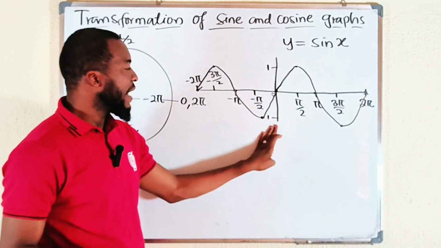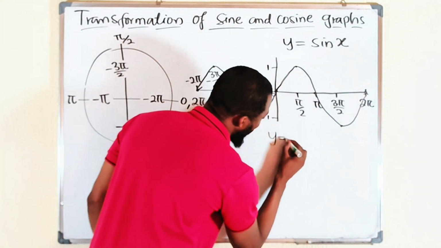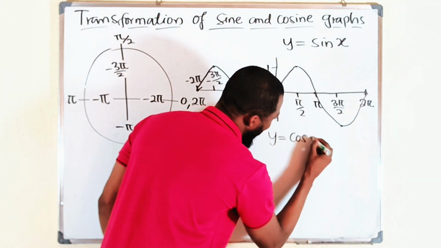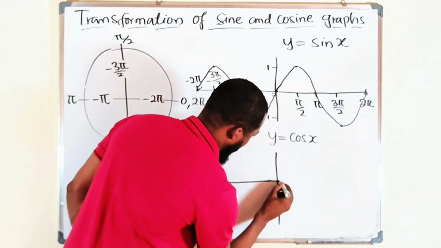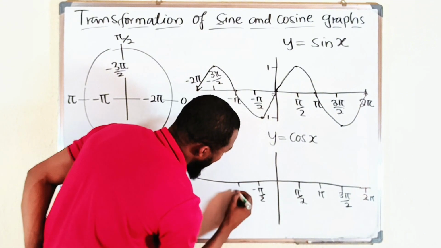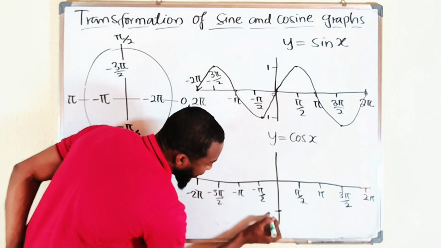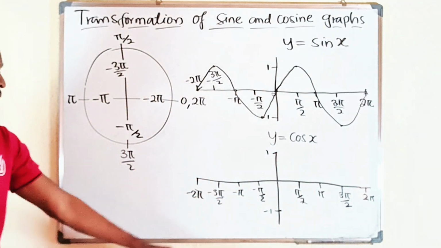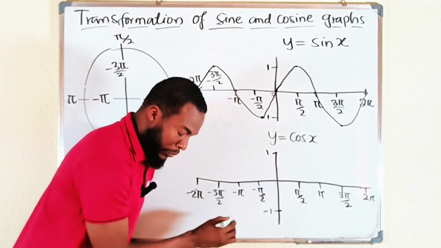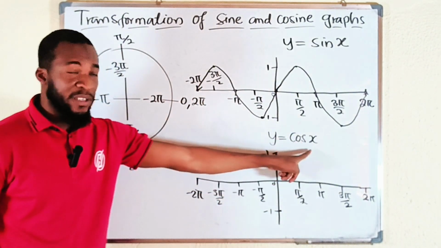So what about cosine of x? If I have y equal to cosine of x, the same thing: the period, and the range is from negative 1 up to 1. Let's start from the origin. What is cosine of 0?